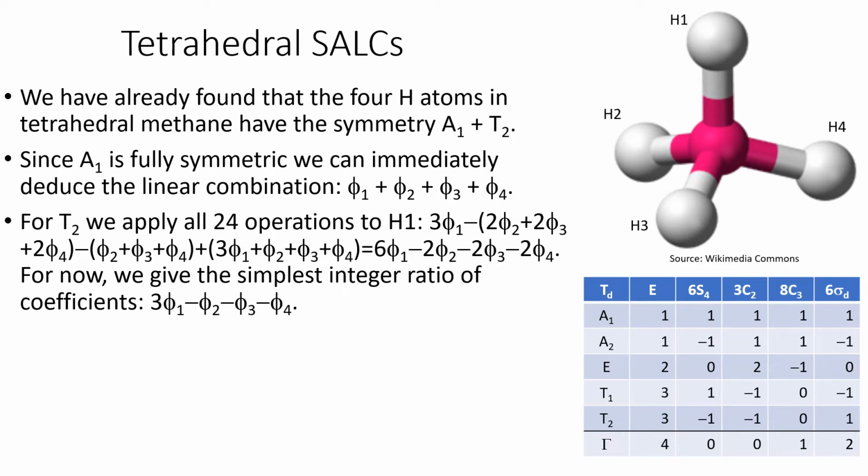Think about the different ways you can get pairs of atoms. There are 6 ways that you can pair up 4 atoms. So that's 4 factorial over 2 factorial, 2 factorial. So there are 6 different pairs of atoms, and 3 of those pairs will have H1 in the pair.